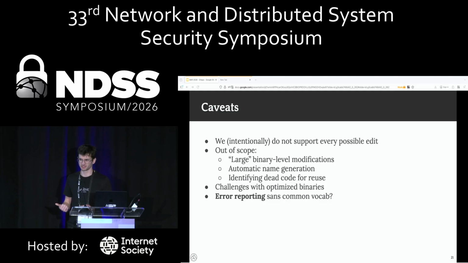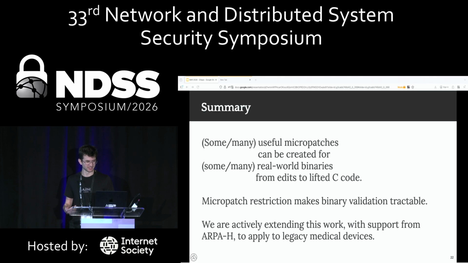And one interesting thing that I hadn't anticipated going into this is that error reporting turns out to be pretty difficult when one of your assumptions is that your users don't have the vocabulary or concepts to understand the errors that can occur at the layers below them. So this would be a lot easier if we could assume that they had a little bit more knowledge, to explain what's going wrong and guide users to a better alternative.